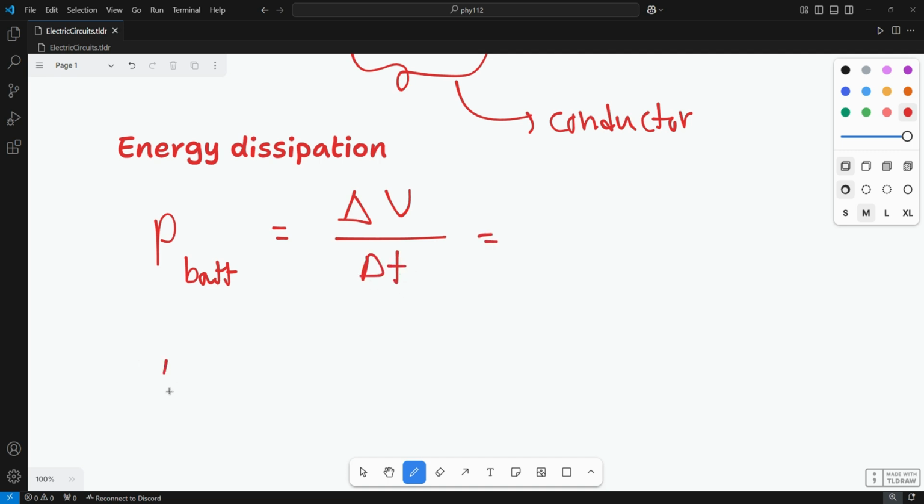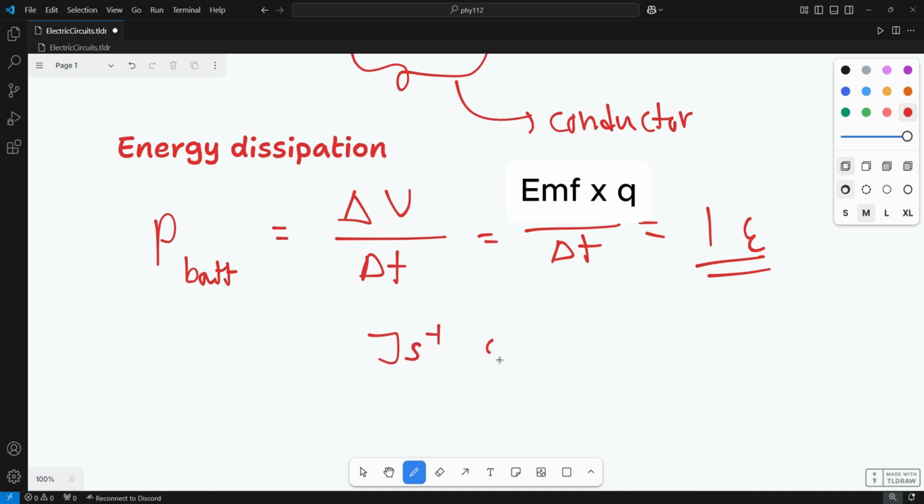We know that this can be written as the EMF times charge divided by delta T, and we know that we can write this as I times the EMF. So the unit of this will be joule per second or watt.